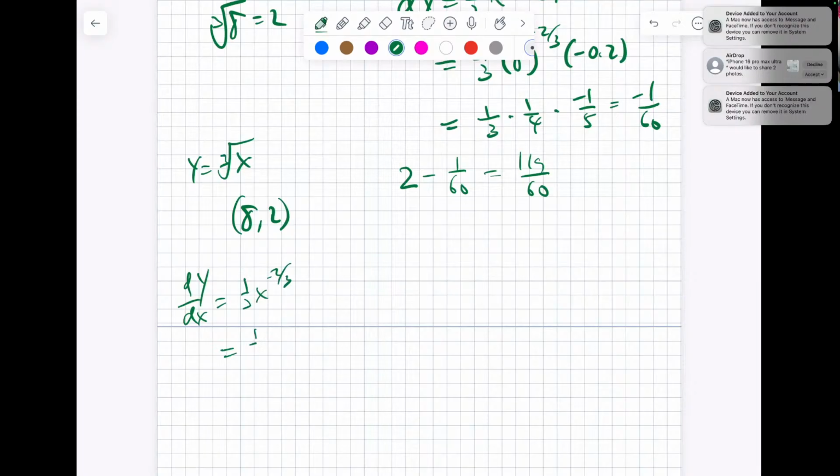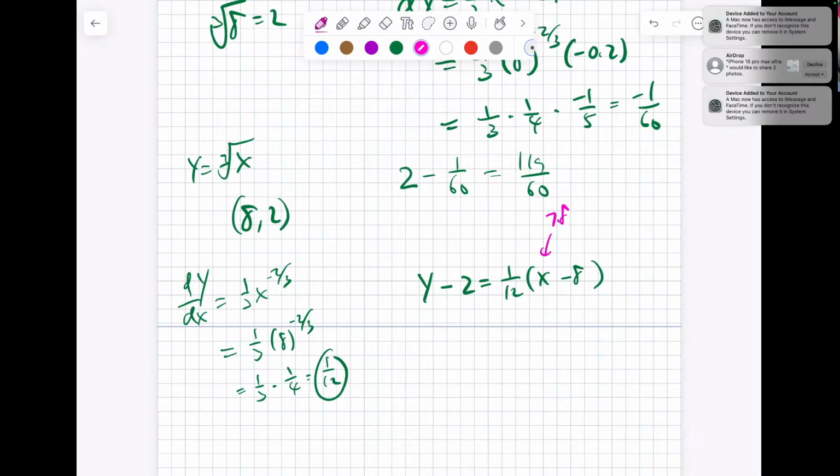I plug in 8, so 1/3 times 8 to the negative 2/3 is 1/3 times 1/4, which is 1/12. That is your slope. So y minus 2 equals 1/12 times x minus 8. 7.8 is right here, so it's 1/12 times 7.8 minus 8, which is 1/12 times negative 0.2, which is the dx. Do you see this is dx, and this is the dy.